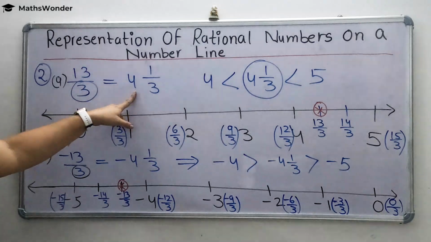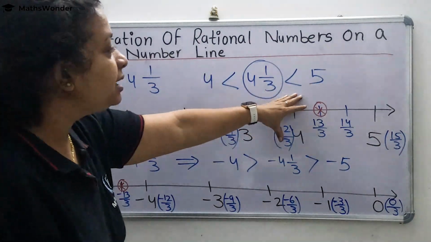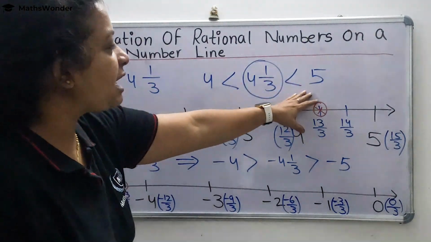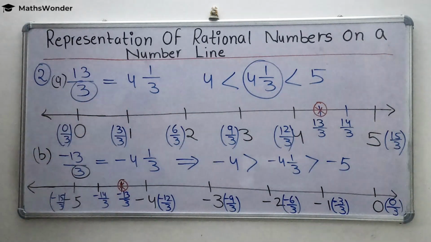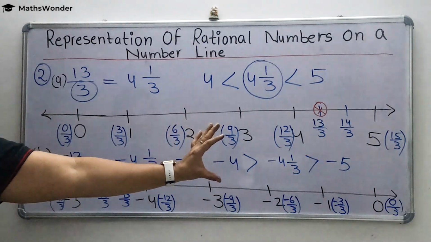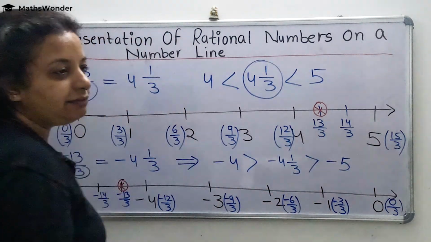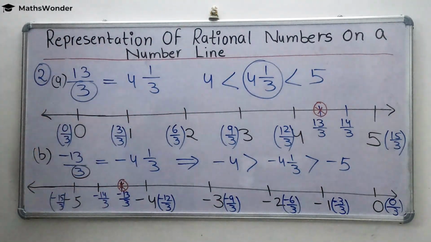If you convert into a mixed fraction, it gives the exact idea: 4 1 over 3 lies between 4 and 5, because 4 point something means greater than 4 but less than 5. Then you draw the number line and work on this part only, 4 and 5. Same for the negative value.